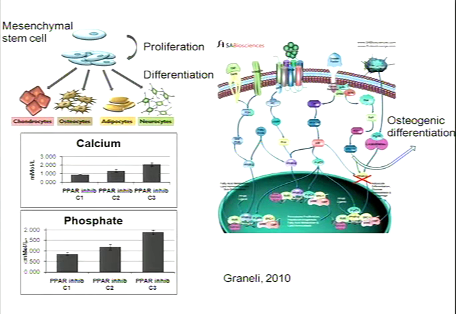She has blocked the PPAR gamma transcription factor in vitro in mesenchymal stem cells, human mesenchymal stem cells. What happens? Interestingly, the cells become more osteogenic. So suddenly we have a tool to drive mesenchymal stem cells into a preferential direction.